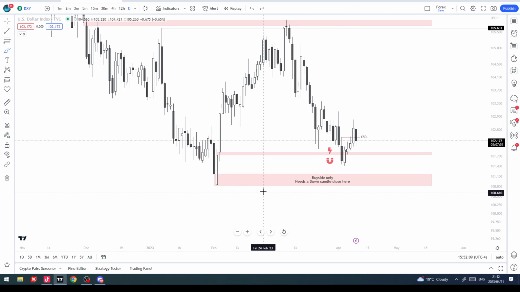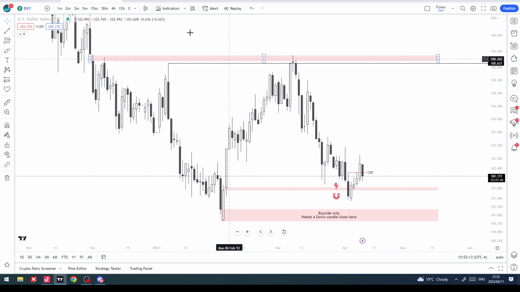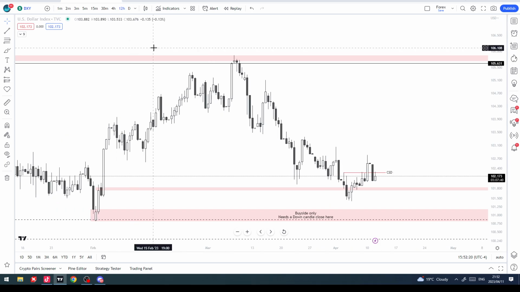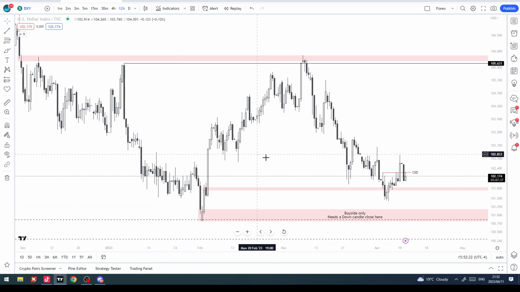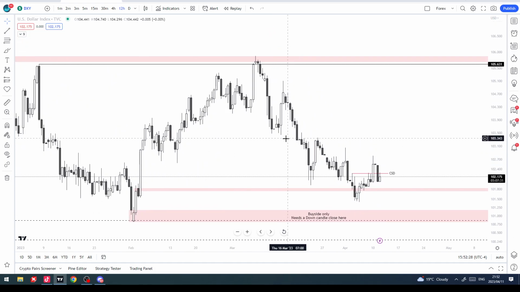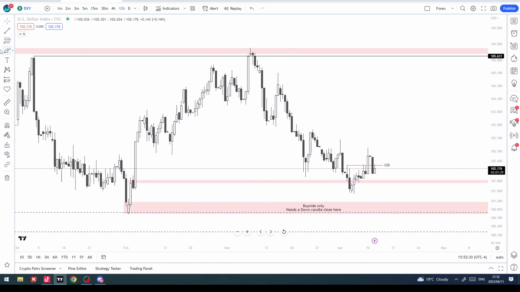Now, besides that, when we look at the model that we like or love, right? There's a few things you want to be seeing for that model to happen. And one of them is FVGs being traded through. You want to see those FVGs being traded through.